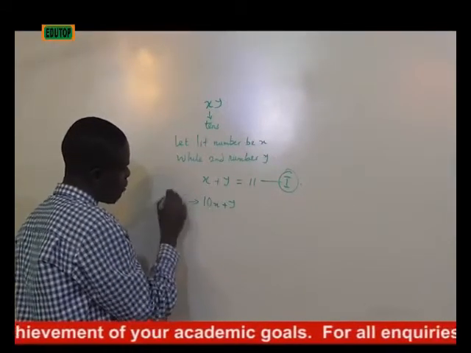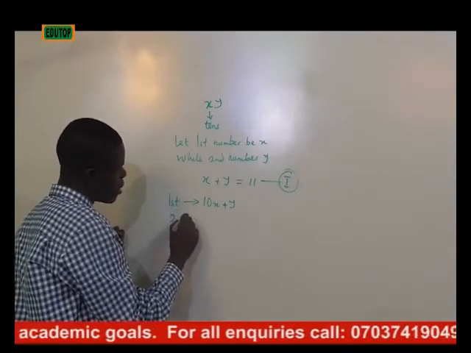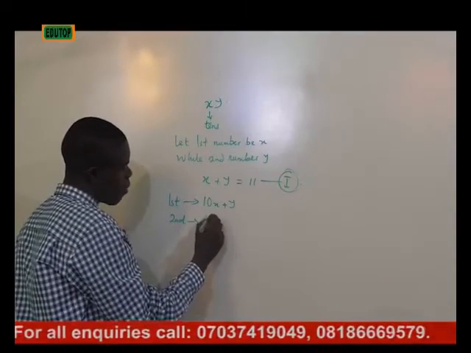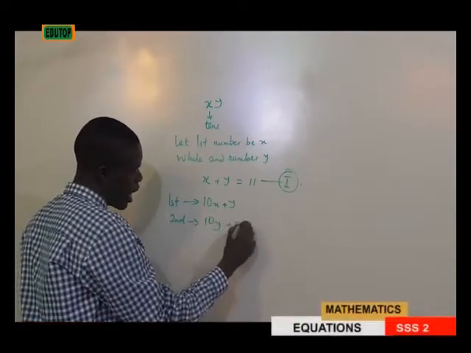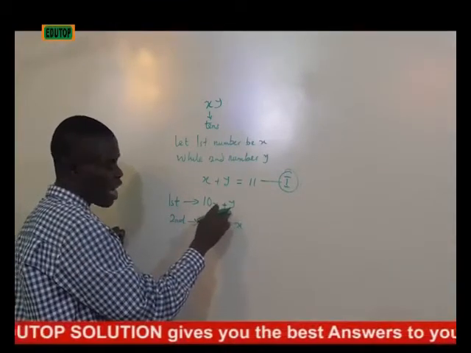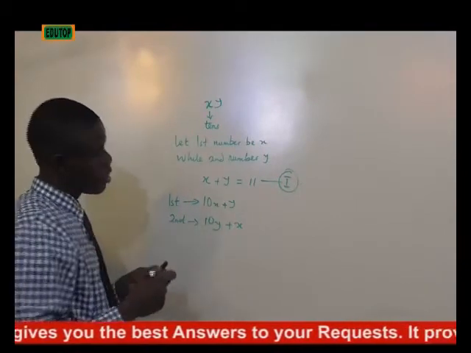This is the first. When it is interchanged, making the second, it will now be 10y plus x. That is, the 10 has now become the coefficient of y in the second case.